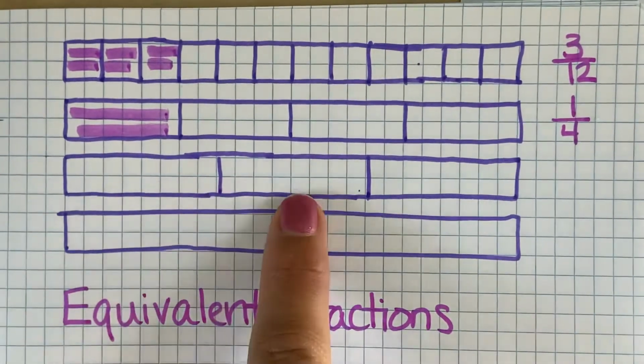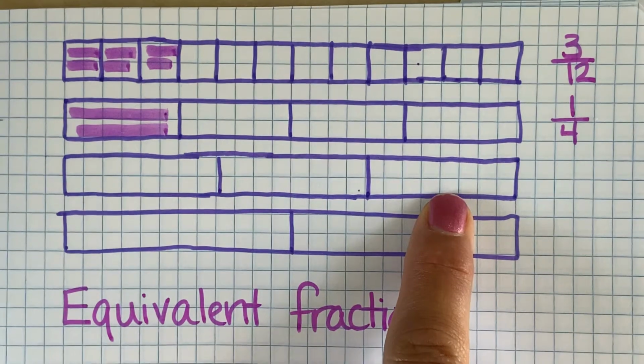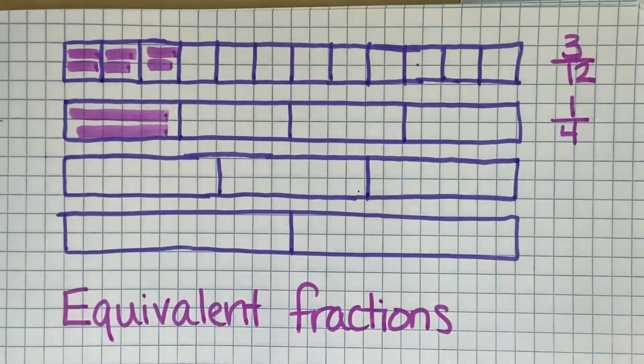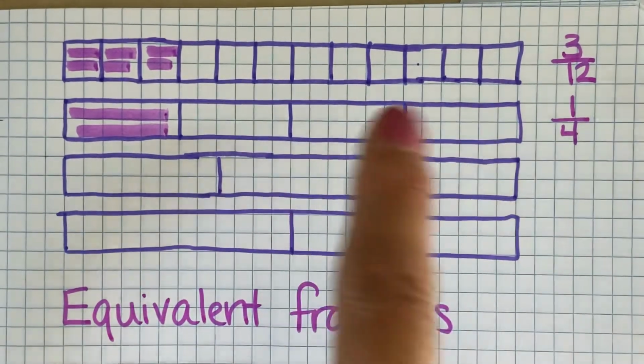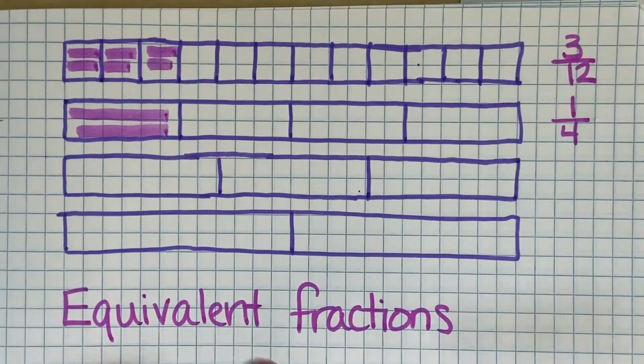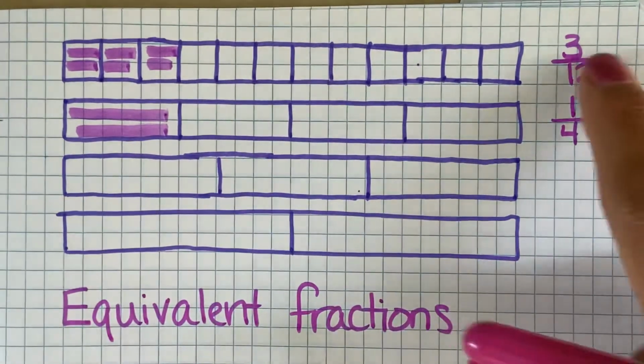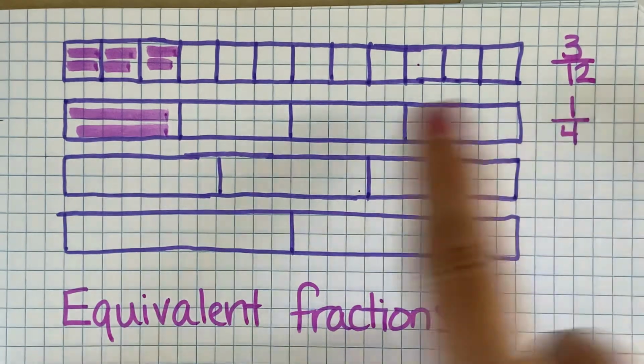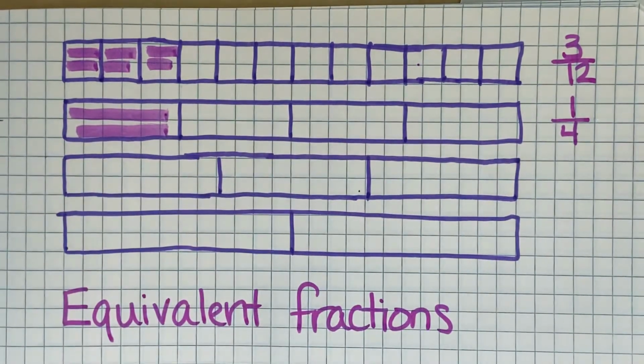Now, this one's split into thirds. I can have a fraction that's equal here and here, or a fraction that's equal here and here, but I can't really make an equal fraction with thirds and with 3/12, which is 1/4.